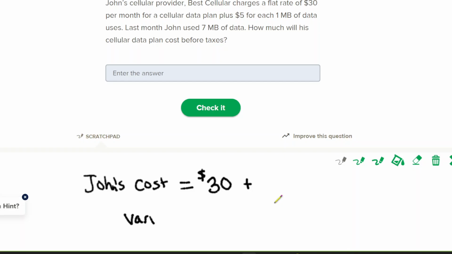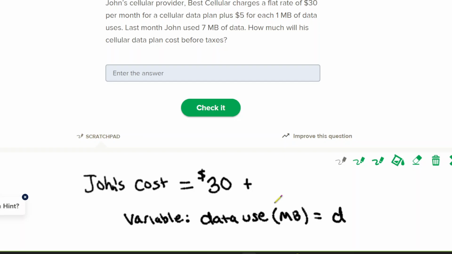Anything that varies, anything that can change, is a variable. So I've got this variable here, data use in megabytes. Instead of writing out the words data use all the time, I'm just going to call this D for data. So hopefully this makes sense.